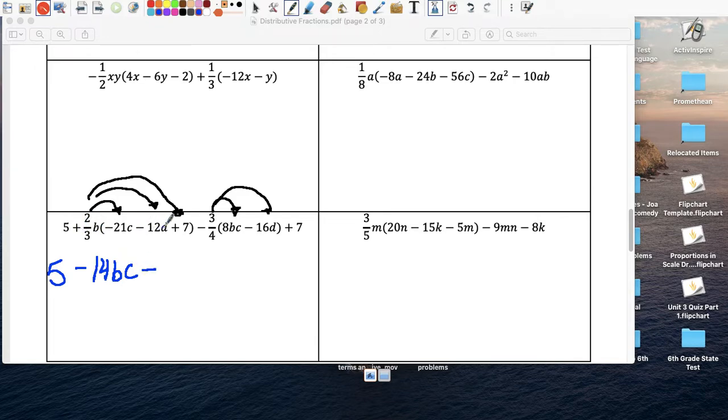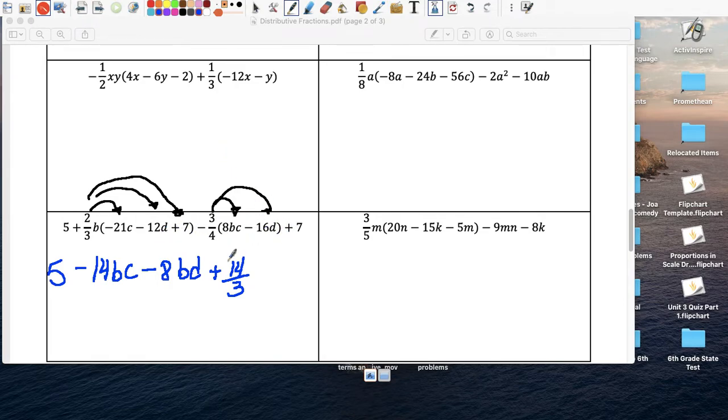And what's 2/3 of 12? That would be 8bd. Lastly, a positive times a positive is positive. 2/3 of 7, and I'm just going to leave it as an improper fraction. So 2/3 of 7, we're going to get 14 over 3. Let's just leave that for now.